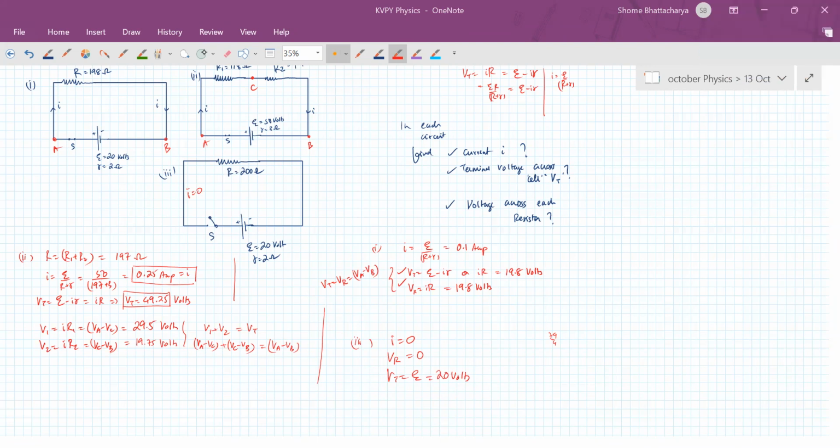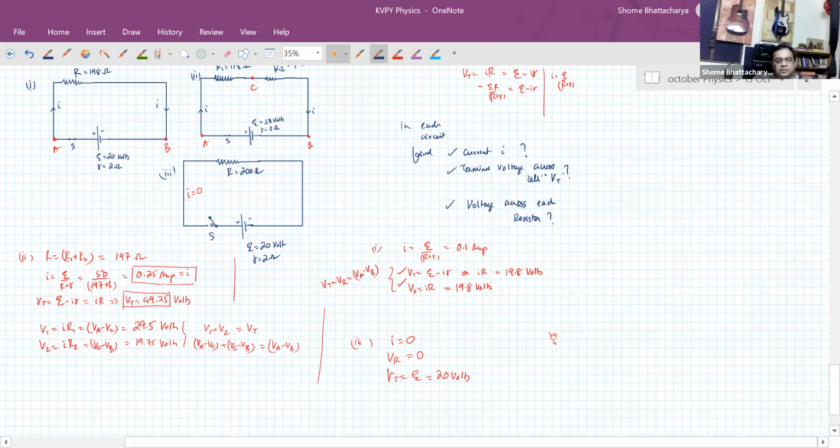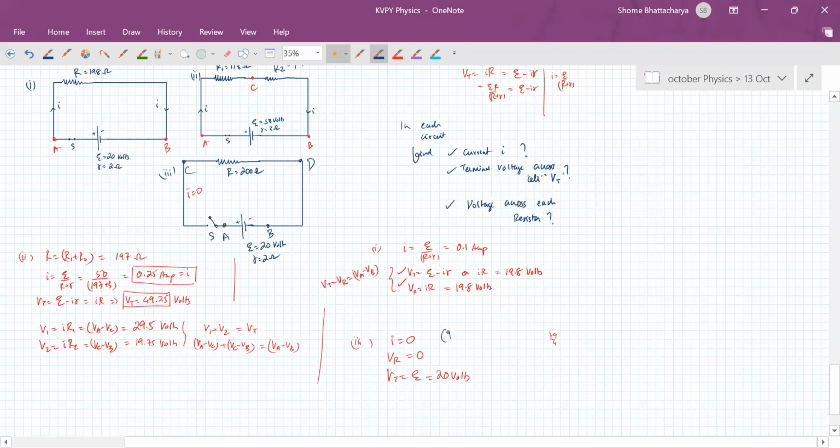But the moment the circuit is broken, I into external resistance won't apply, right? No, it will not apply here because the circuit is broken. So basically what is happening here is if you take these 2 points as, let's say, C and D, and the terminals of the battery are A and B, you can see that between C and D there is no potential difference applied because the circuit is broken at this point. So there is no current through the resistor. Understood? Because VC minus VD is 0 here.